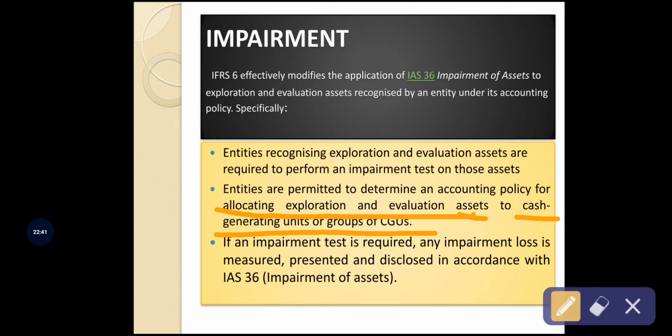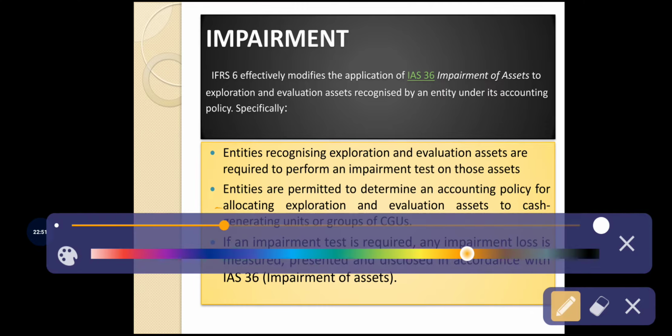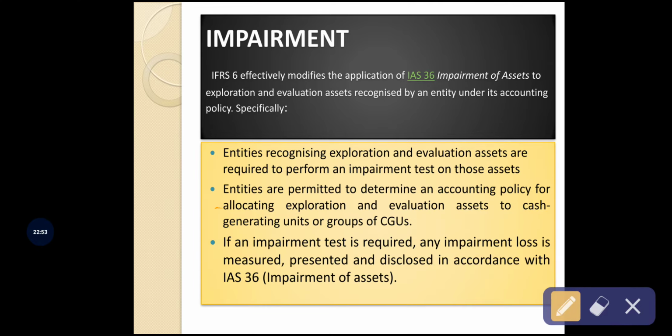So the third one, that is, if an impairment test is required, any impairment loss is measured, presented and disclosed in accordance with International Accounting Standard 36. We know that the assets must be tested, that is about impairment, in order to use those assets in the exploration and evaluation activity.